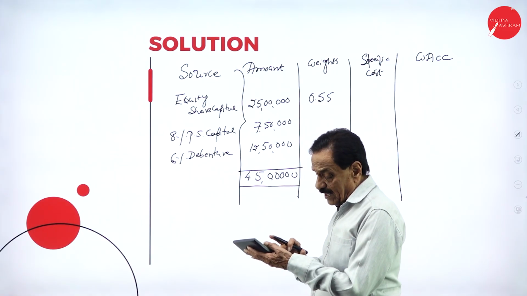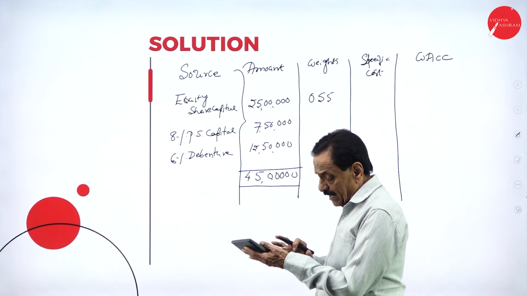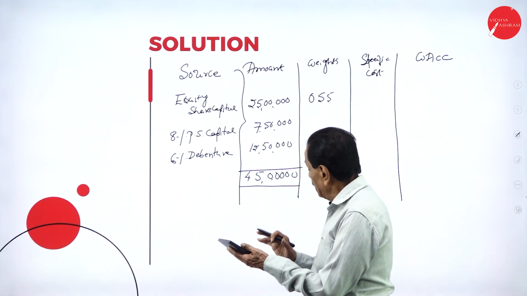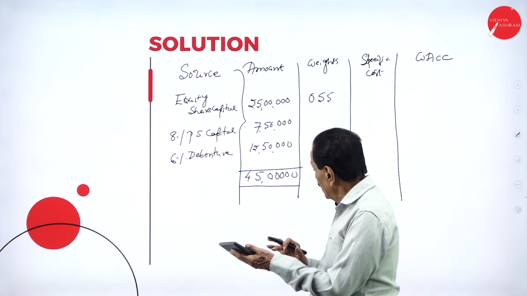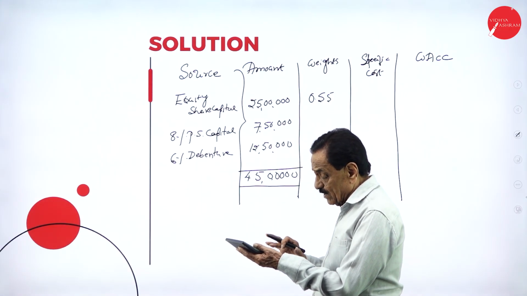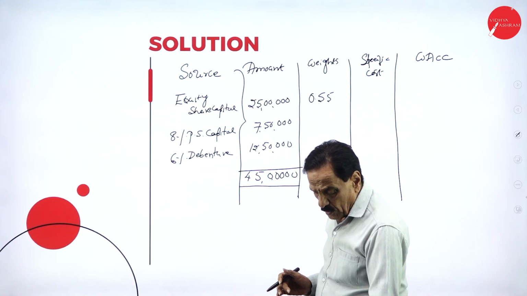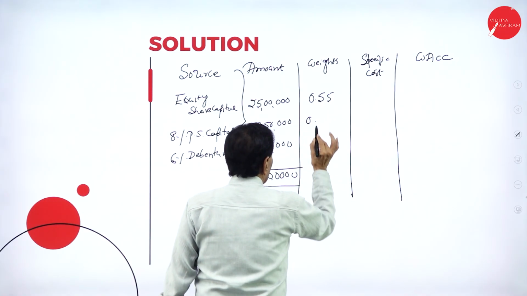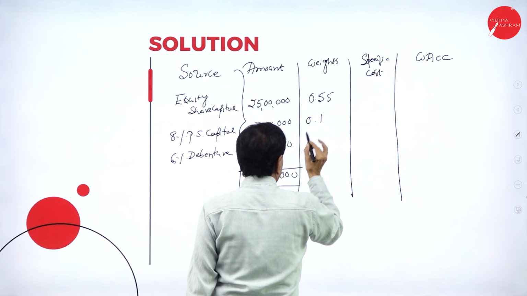Regarding the preference share, 7 lakh 50,000 divided by 45 is 0.166.